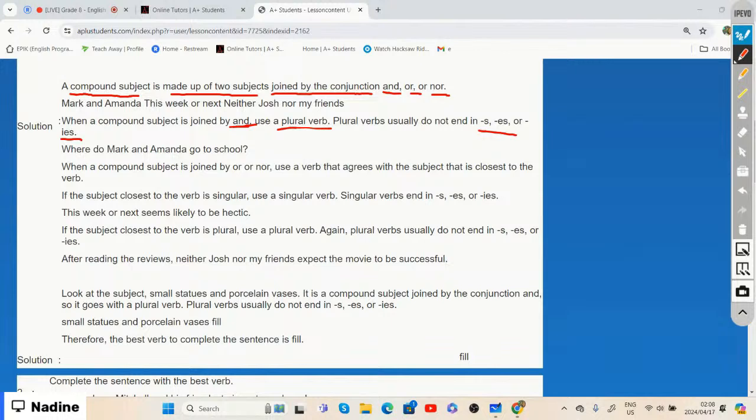All right. And if we look at our compound subject that is joined by and, it says, where do Mark and Amanda go to school? So the word and is over there to join the two subjects, Mark and Amanda.